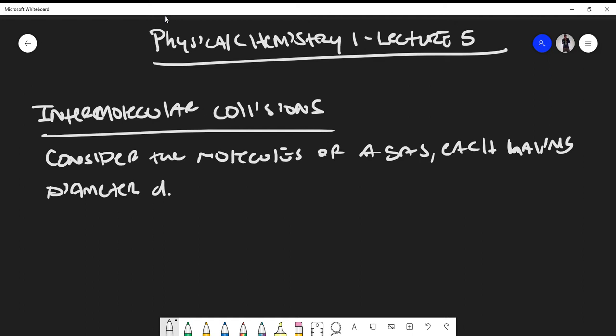A collision, we said, is said to occur when the centers of two molecules come within less than the distance d of each other.